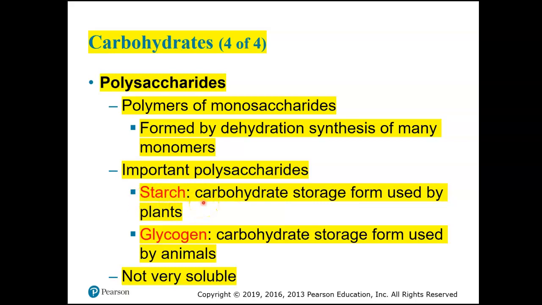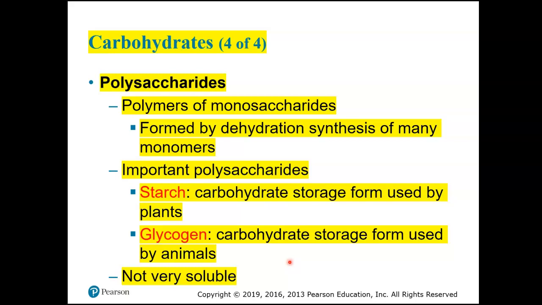So think of potatoes and carrots. And then glycogen is the storage form of carbohydrates in animals. In humans, our liver cells take glucose from our blood and combine it into chains and store it like that.